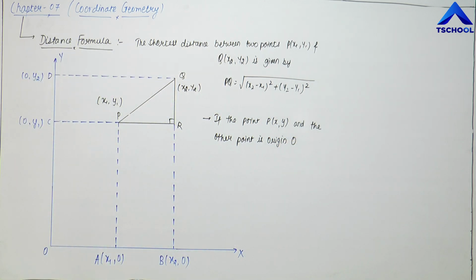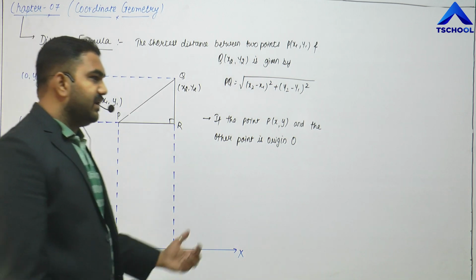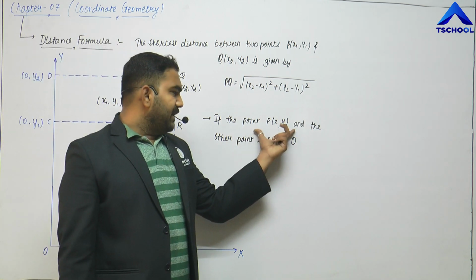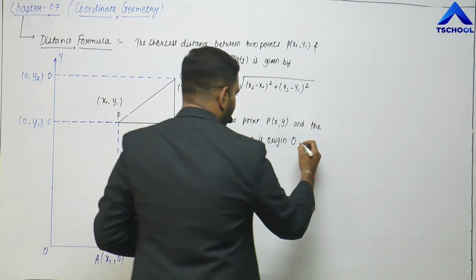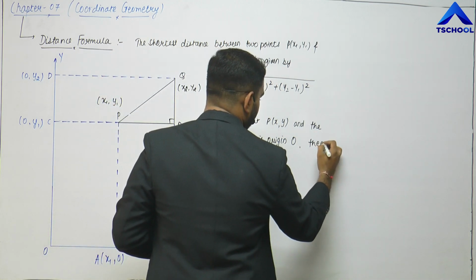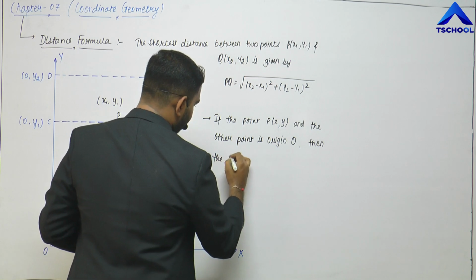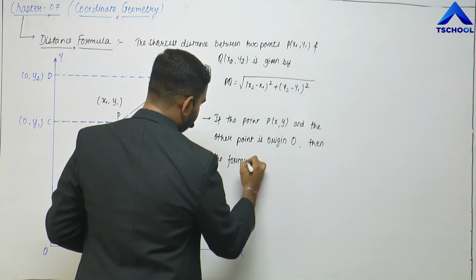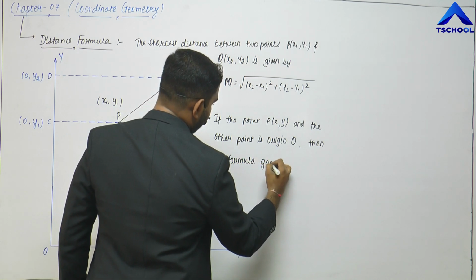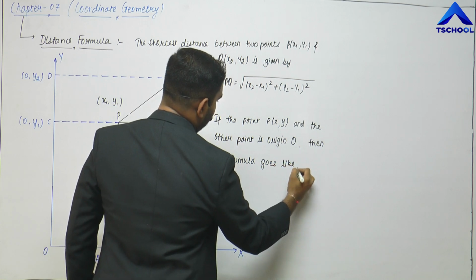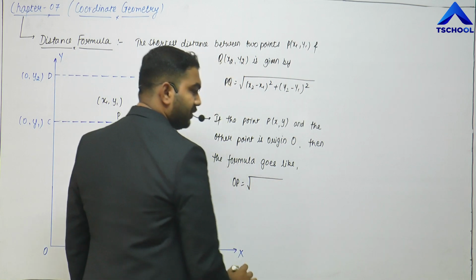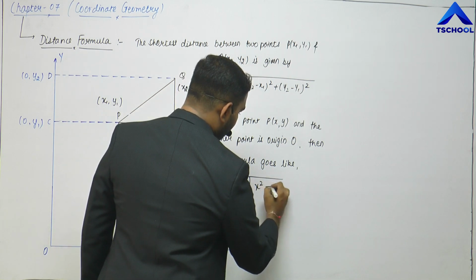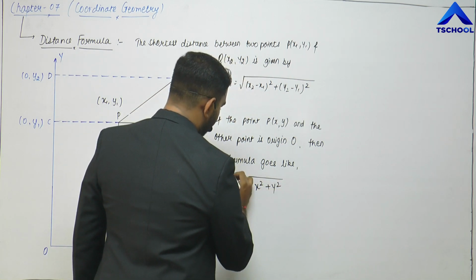If we want to find out the distance between the point P x comma y from the origin, then the formula goes like OP, that is square root of x square plus y square. You need to remember this.